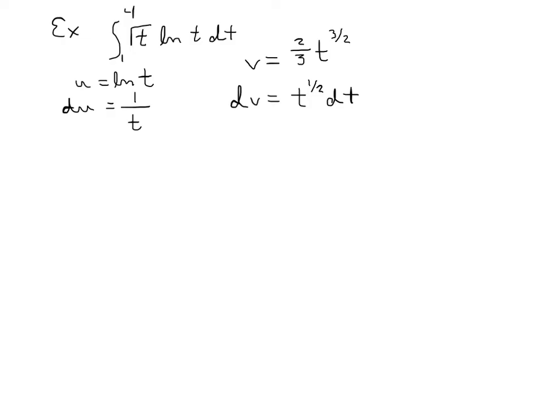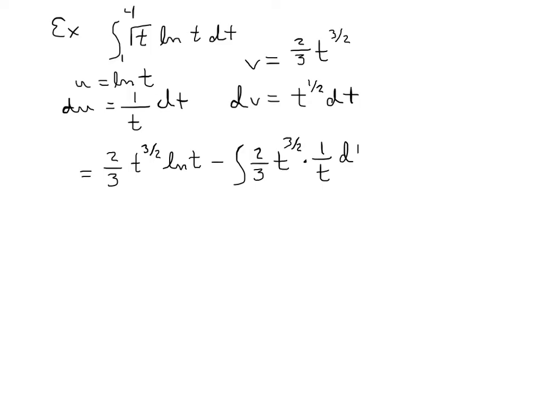Okay, so for this integral, I've got 2/3 t to the 3/2 times natural log of t minus the integral of v du, so that's minus 2/3 t to the 3/2 times 1 over t, oh, I forgot my little dt right there, dt.